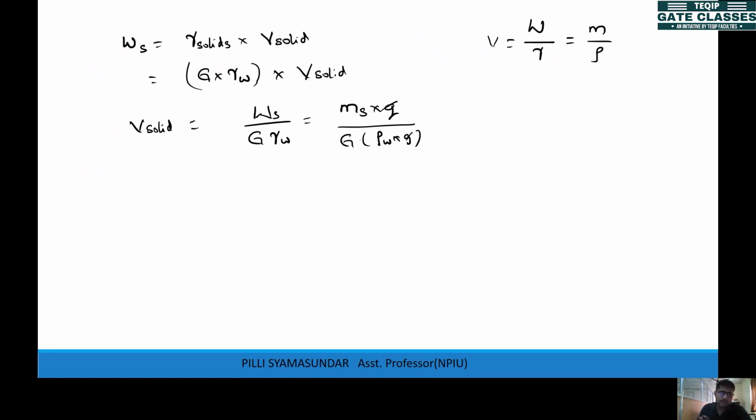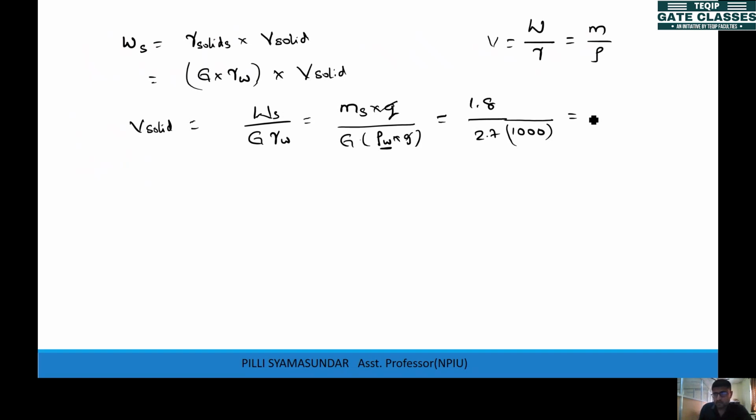So in place of W by gamma W, you can write mass by G times rho w. The mass of the solids I know, which is 1.8 kg. G is 2.7, and the density of water is 1000 kg per meter cube. So this is the volume of solids. Can we find out? This is 1.8 divided by 2.7.